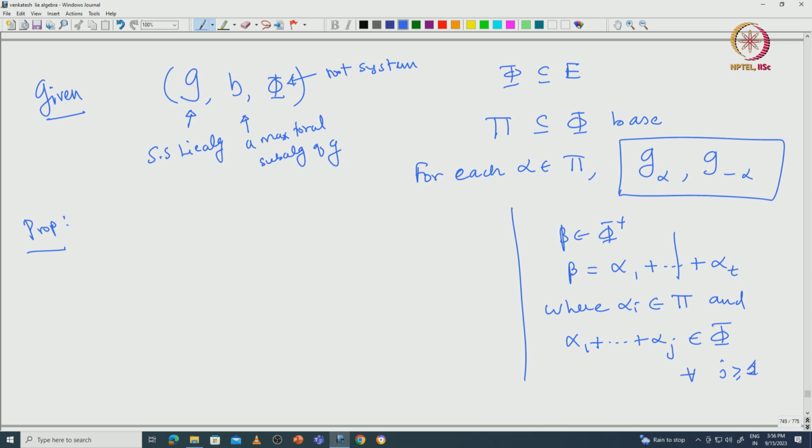Okay. This is a very important property of this base. So, let us use this and then try to understand what it means in terms of the Lie algebra.